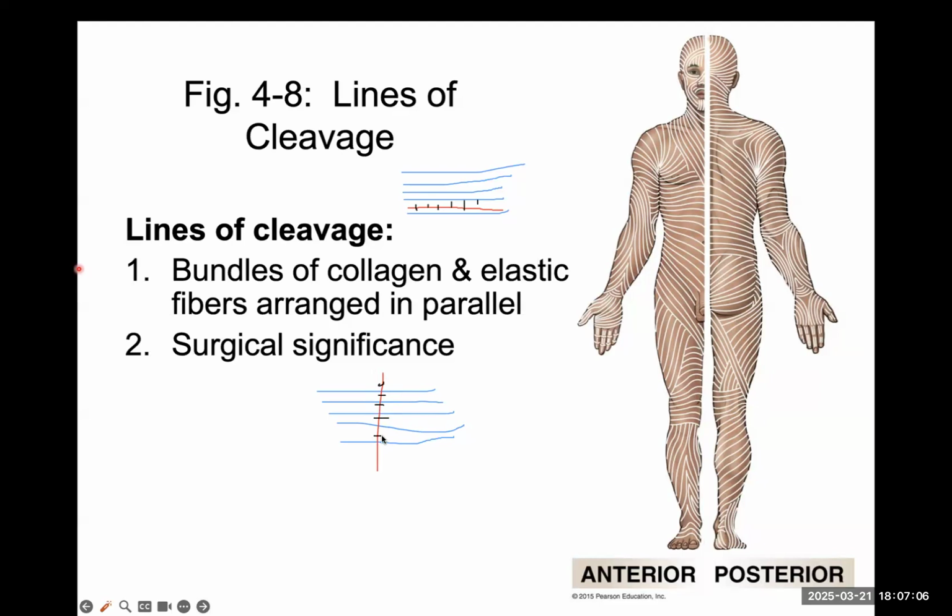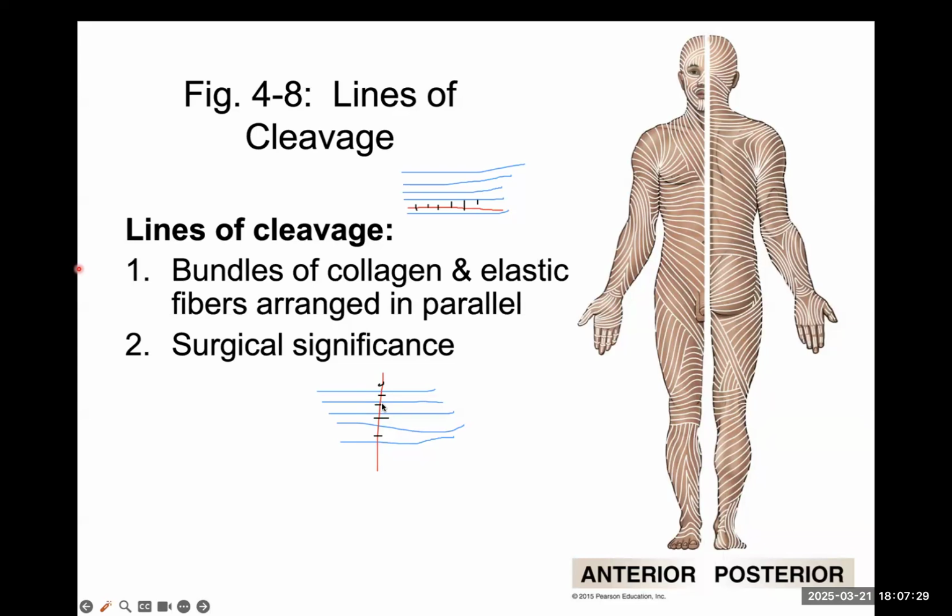And what's going to happen is, because of these collagen fibers, they're very elastic, they're going to pull in that direction. So they start pulling on the cut or the stitches, and you stitch it up, hope that it remains closed, but that's not what's really happening. The collagen fibers, because they're elastic, are going to pull in that direction.